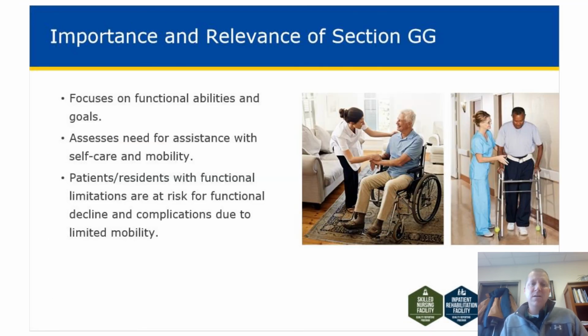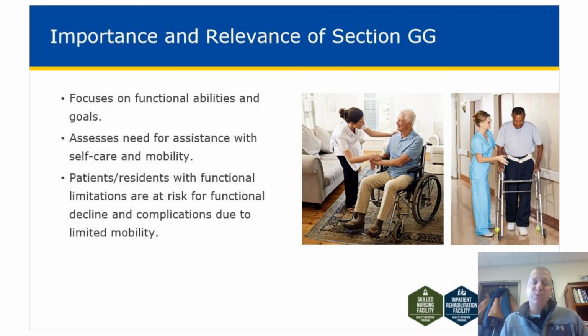So again, with Section GG, it helps us focus on the client's functional abilities and where they're at currently, right? So if we understand where they're at currently, and we see a level of assistance that's needed, we can further identify perhaps more appropriate goals that us as the whole team of PTs, OTs, nurses, speech therapists can help that patient rehabilitate to get them to a more functional level of independence.